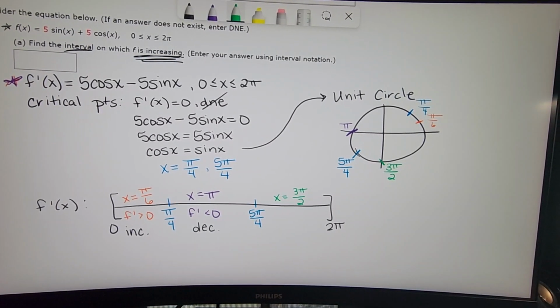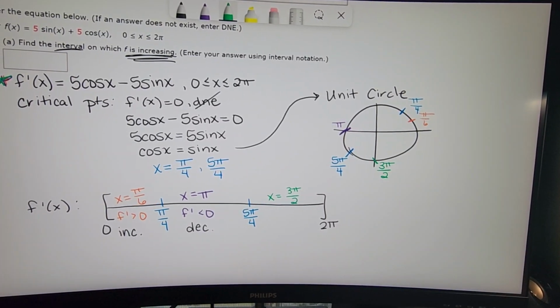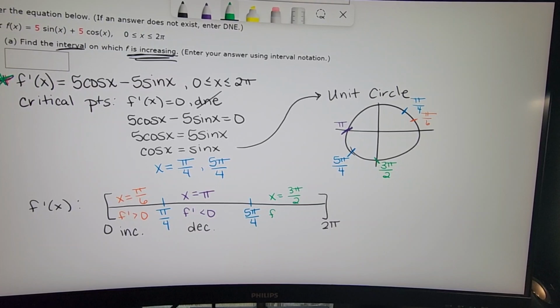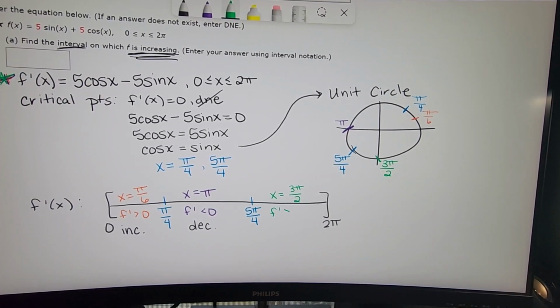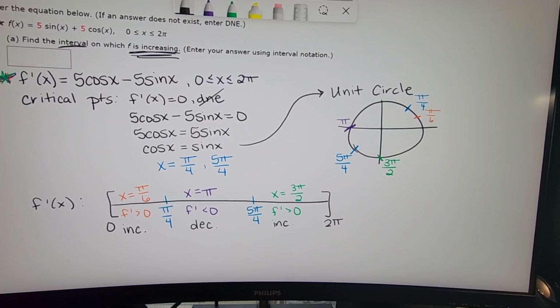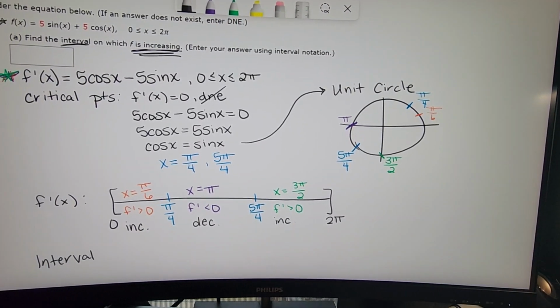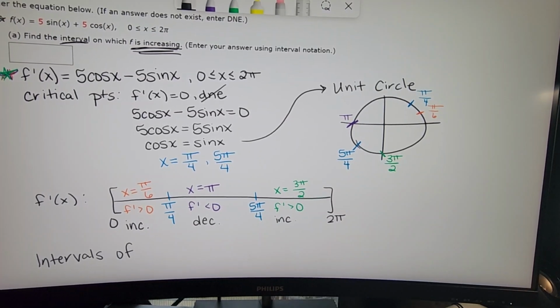And without even doing any math, you can see that you have negative 1 as your sine, and you have 0 as your cosine. So if you have 0 minus negative any number, that's going to be a positive value. And you can see that the derivative is going to be positive.